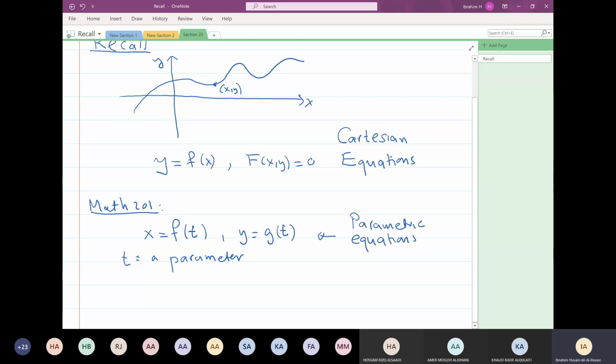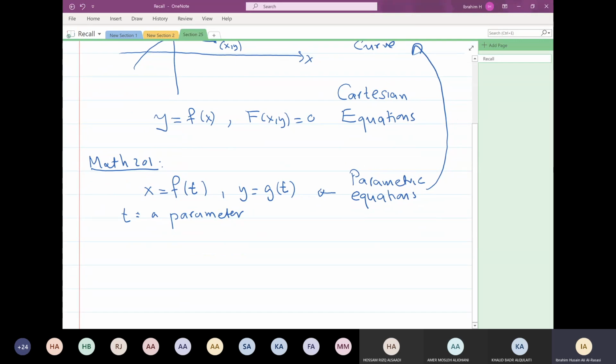And the curve will be called a parametric curve. So basically, what is a parametric curve? It is a curve described by parametric equations. So this is basically the definition of a parametric curve.